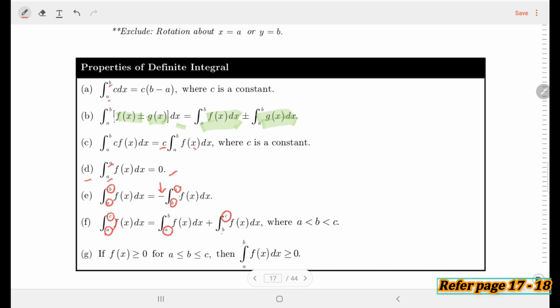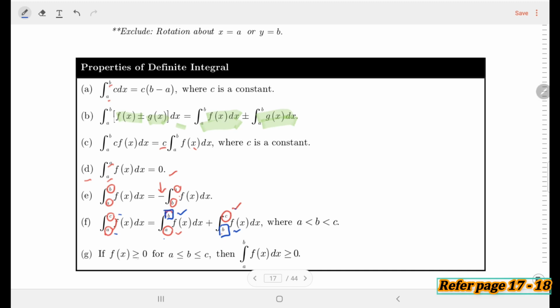The most important thing here is that the beginning limit must be a and the ending limit must be c. Please remember, if you want to split your limit, the middle limit must be the same, and the beginning and ending points must equal the original limits.